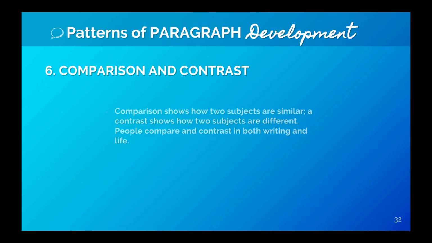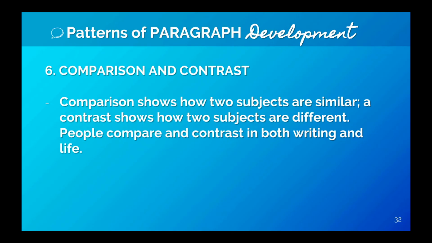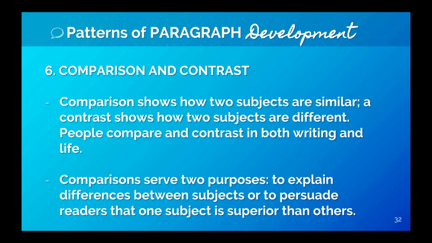Comparison shows how two subjects are similar. A contrast shows how two subjects are different. So people compare and contrast in both writing and life. Comparisons serve two purposes: to explain the differences between subjects, or to persuade the readers that one subject is superior to the other.